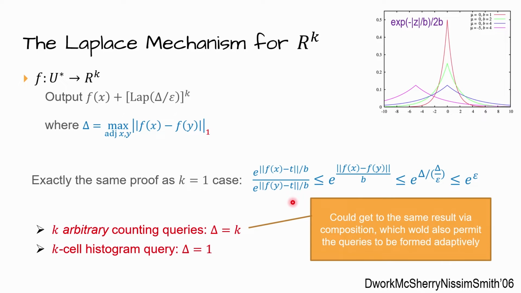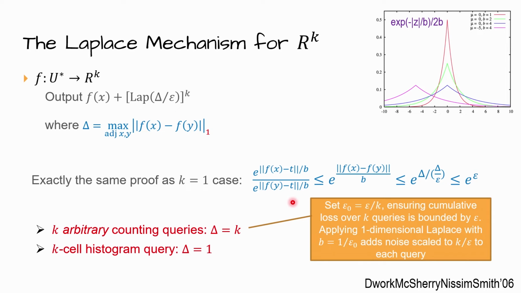That is to invoke what we call the composition theorem, which I alluded to yesterday, where I said that the epsilons add up. So suppose I want to ask 2 queries, and I want a total epsilon of 0.2. Then I could use an epsilon of 0.1 for each of the 2 queries, and they would add up to at most 0.2.